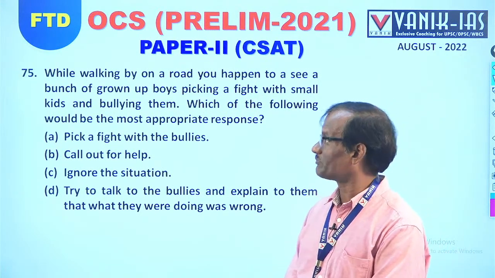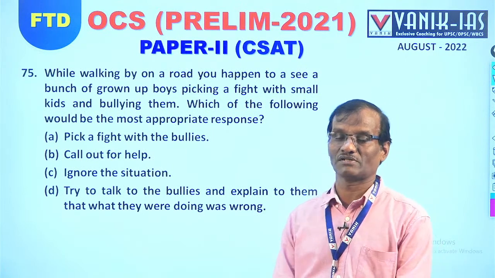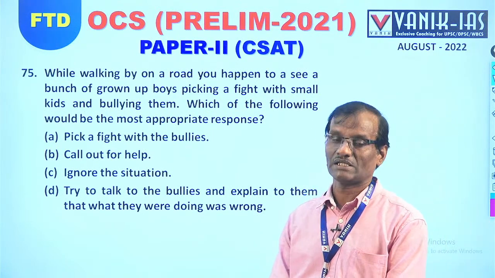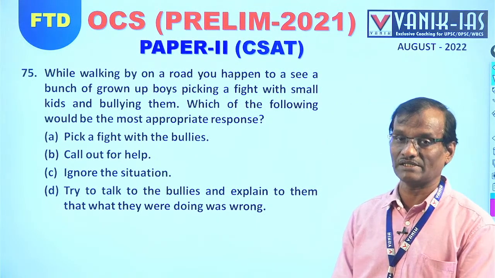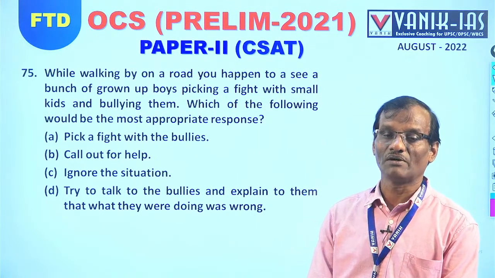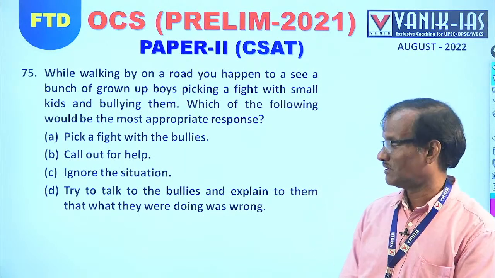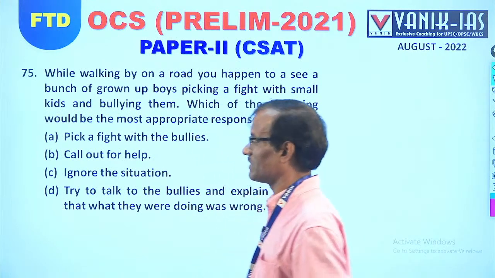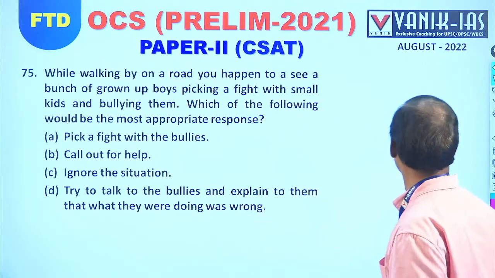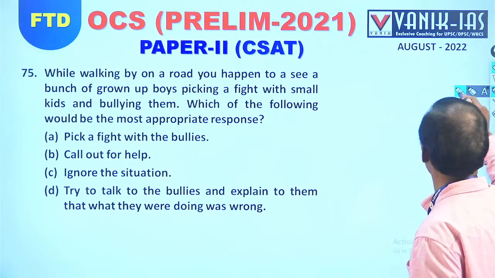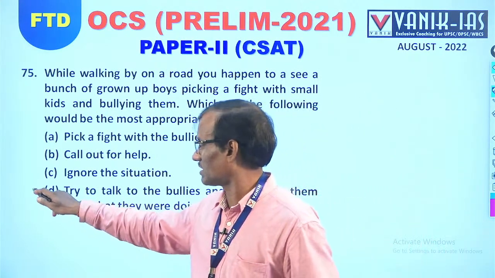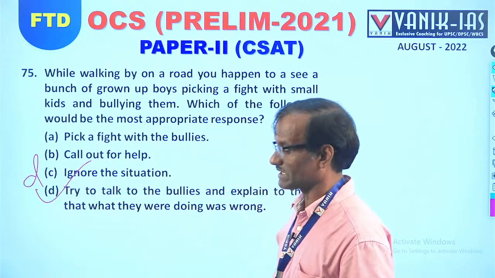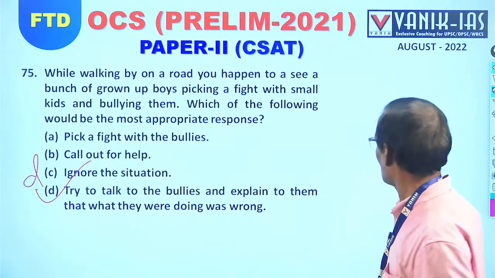Yes, as a responsible, judicious person, it is your duty to convince those boys that they were not doing the right thing, so they should be made to realize their faults and their mistakes, so that they can understand. So you can do that. So the best situational action will be D, isn't it? Best situational action will be D.